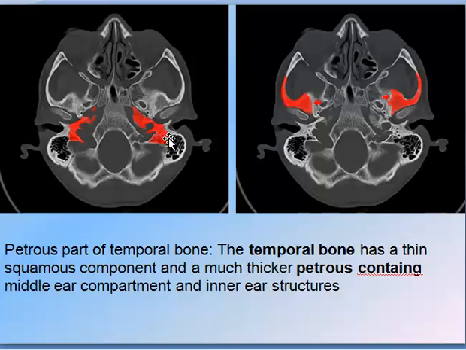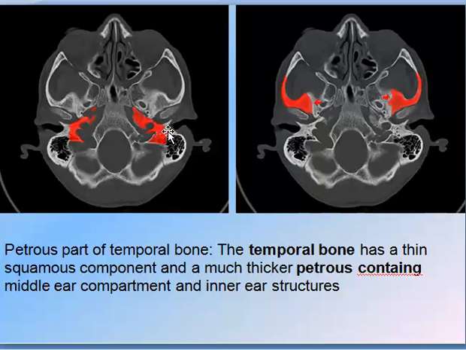The temporal bone has a thin squamous component and a thick petrous component, and this contains the middle ear cavity inside with the inner ear structures.